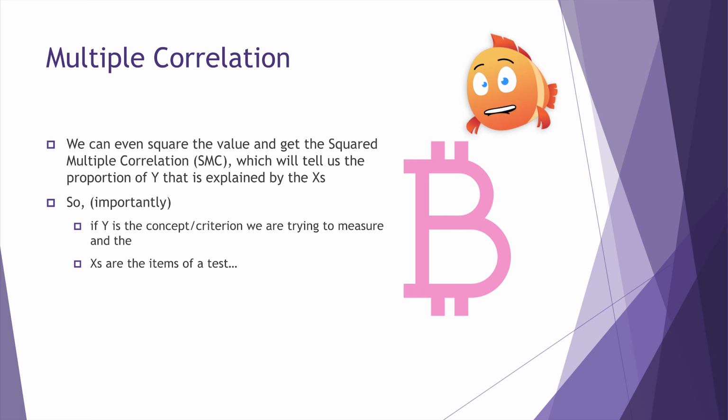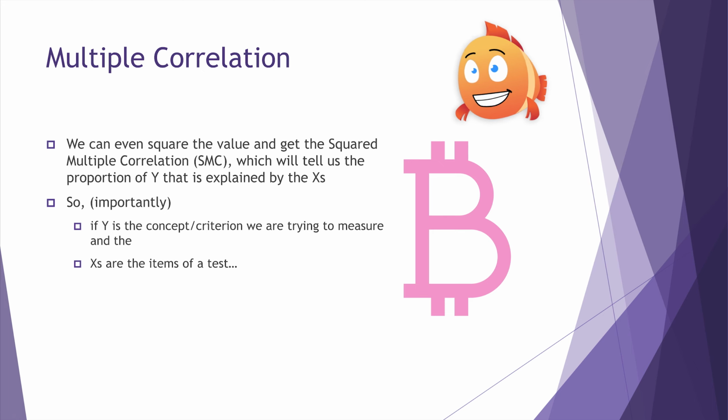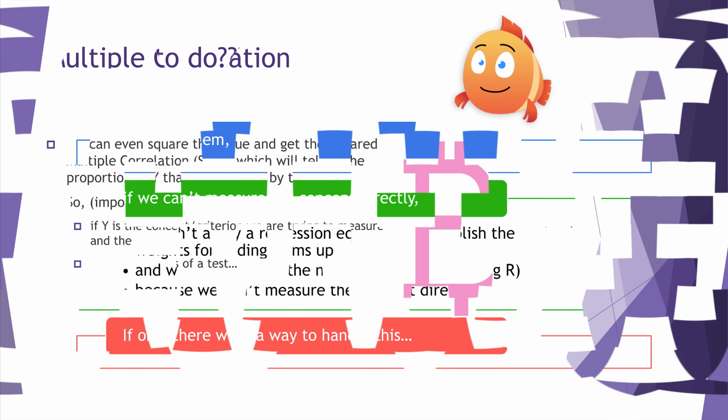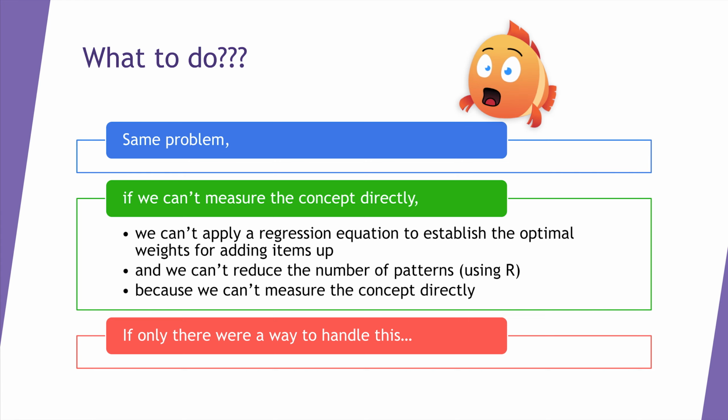So, and here's the important piece, if y is our concept or criterion that we're trying to measure, and the x's are the items of a test, are we seeing where this is going? Because we're really close, right? Well, we have the same problem.